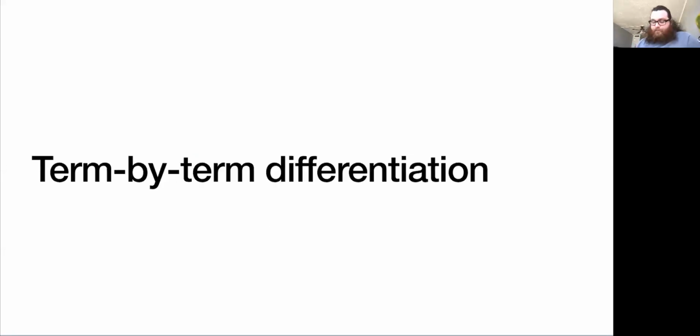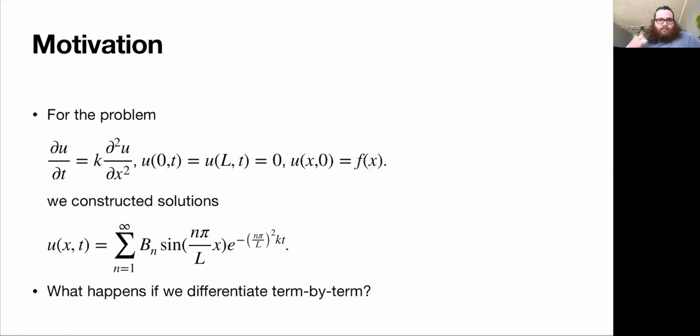Okay, so what is term by term differentiation, and why might we want to consider this? Consider the heat equation, where we have a prescribed temperature at the two boundary points. That prescribed temperature is 0. And we also have some initial condition, an initial temperature distribution.